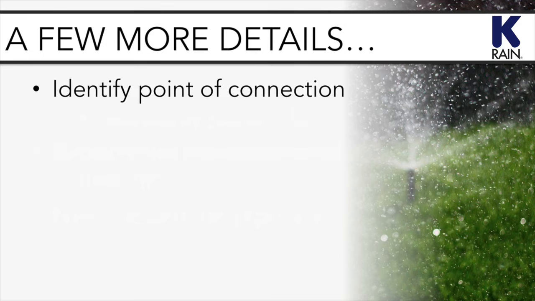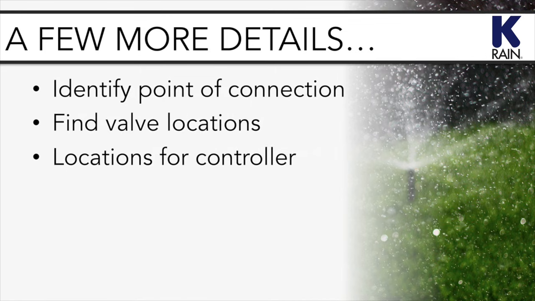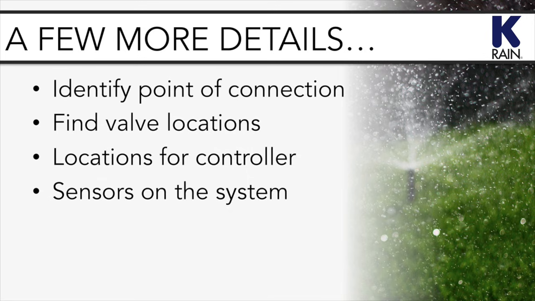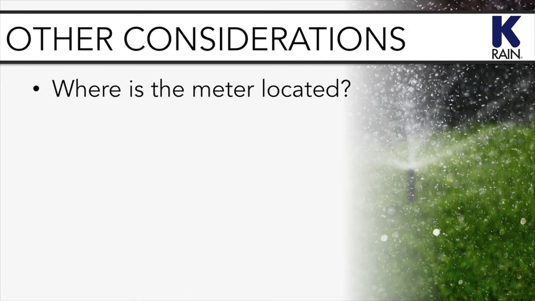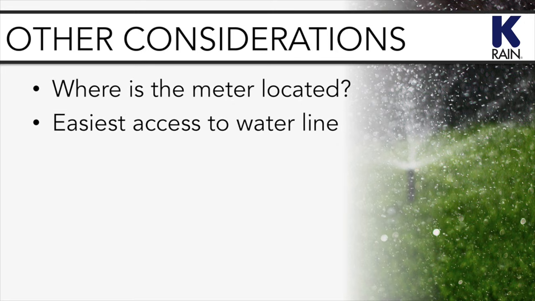You'll need to identify the point of connection, valve locations, and the location for the controller and any sensors on the system. Local codes determine where you are allowed to connect to the water line on the property. Other considerations about the point of connection include where the meter is located and the easiest access point for tapping into the water line.